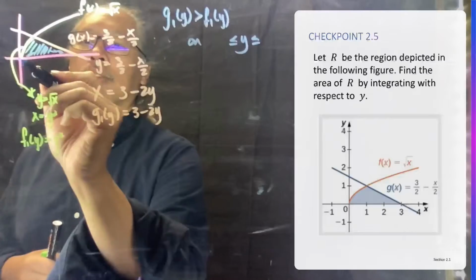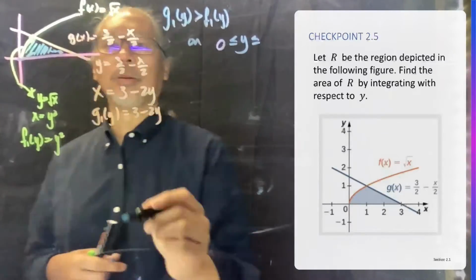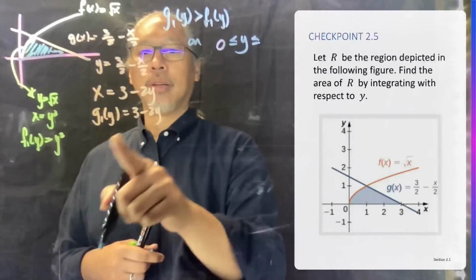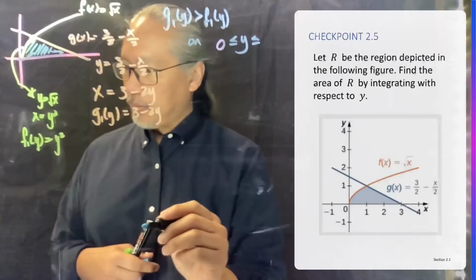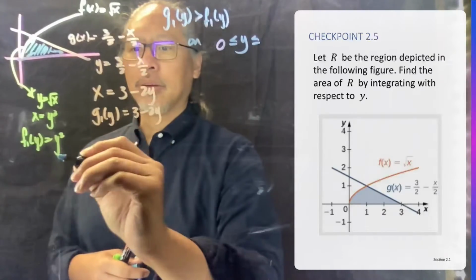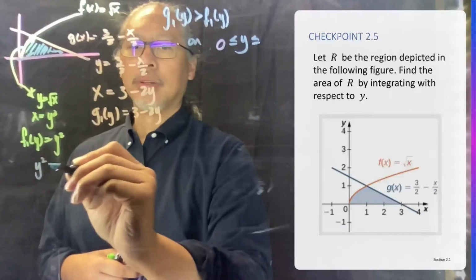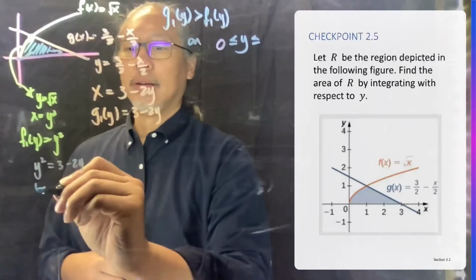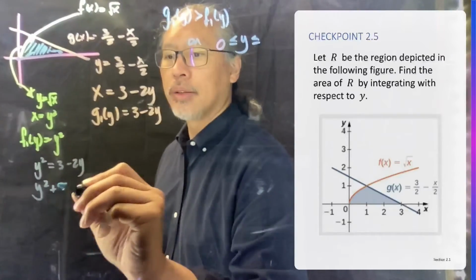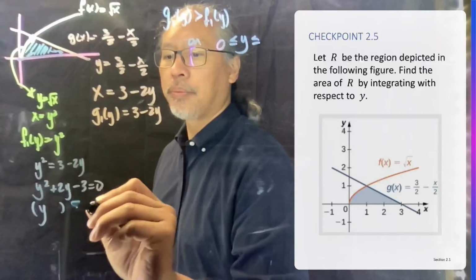So it looks like it's going to go from y is equal to 0, and then wherever these two intersect, so we should set them equal to each other. You can kind of see that it's equal to 1 according to the drawing, but if we set these two equal to each other, we would say y squared is equal to 3 minus 2y. This is a quadratic, so we want to bring everything to one side. y squared plus 2y minus 3 equal to 0, and factor.